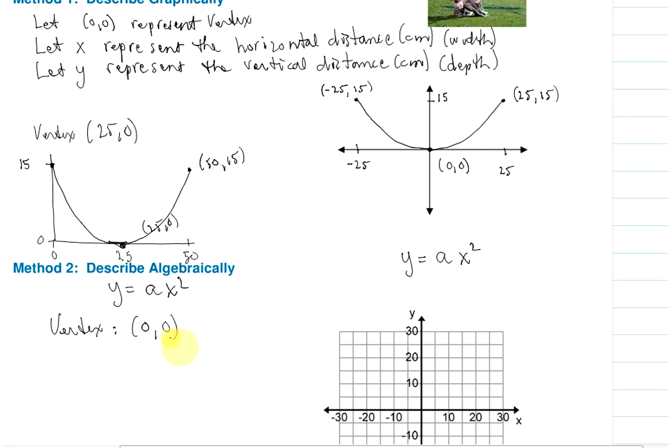Our p-value and our q-value in our vertex form are 0. So if p is 0 and q is 0, we just get y equals ax squared.